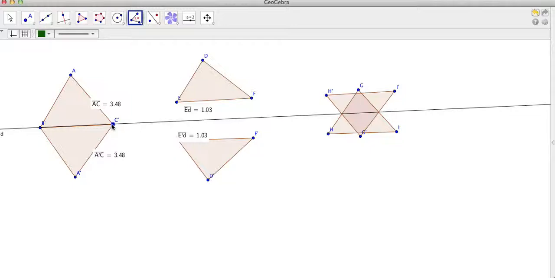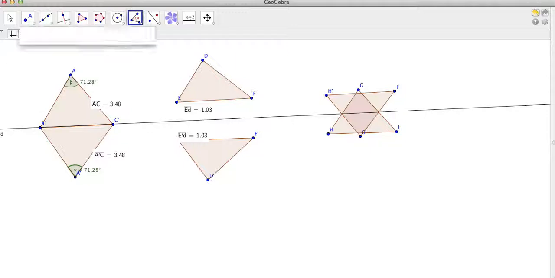So A, B, C, angle A, B. Each point is the same distance from the center of rotation. Angle BAC is the same as angle C prime, A prime, B prime.